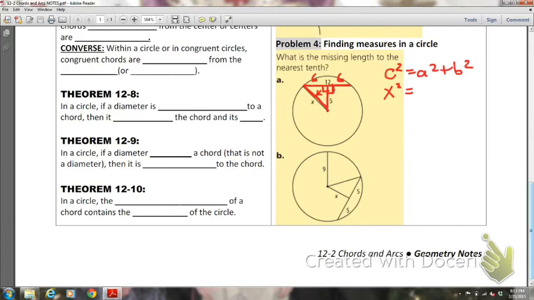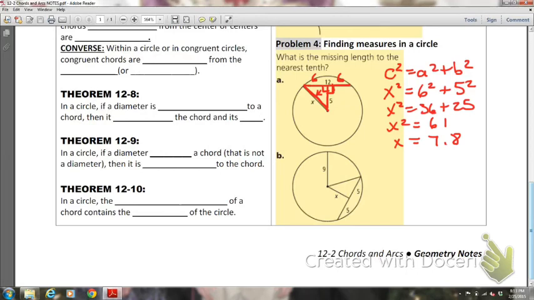And then the legs are a and b. So you have 6 squared plus 5 squared. So here you have x squared is 36 plus 25. X squared is 61. Take the square root of both sides to the nearest tenth. X is equal to 7.8.